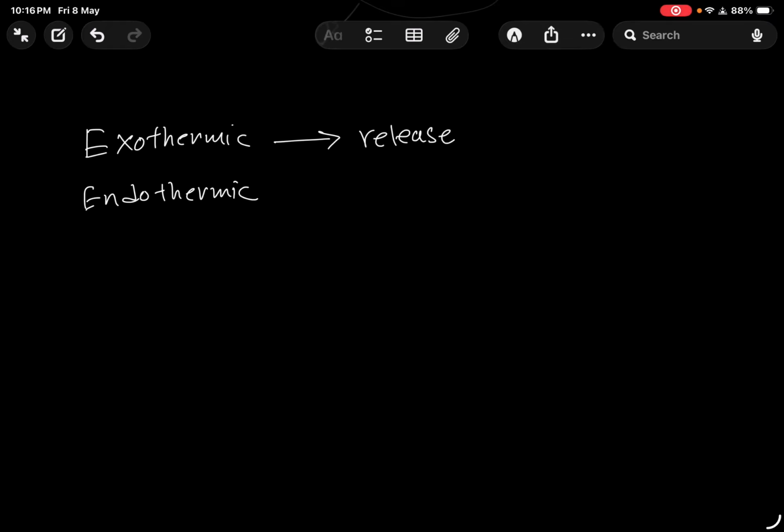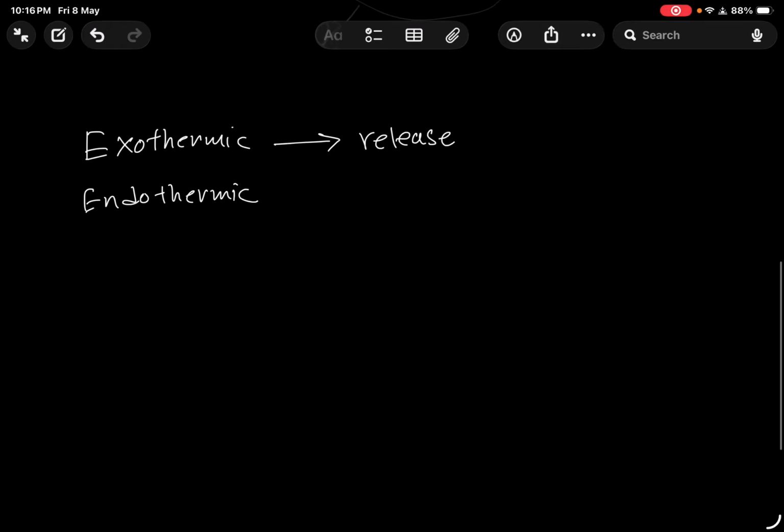The other most common terms that appear in thermodynamics are exothermic and endothermic. Exothermic is the release of energy. In this case, the system will release energy, and this will cause a negative change in the internal energy.